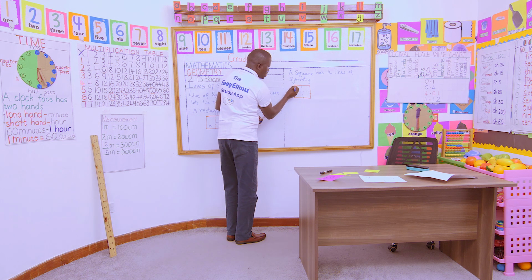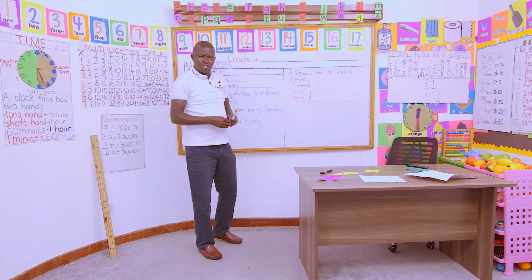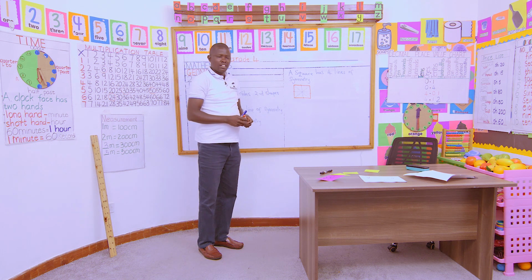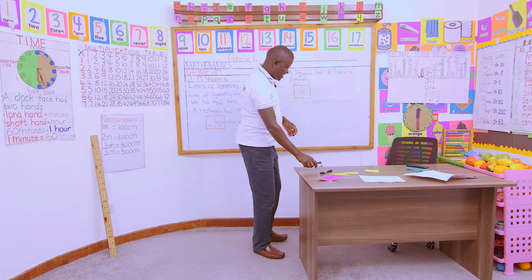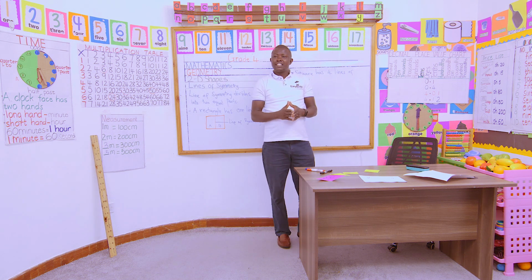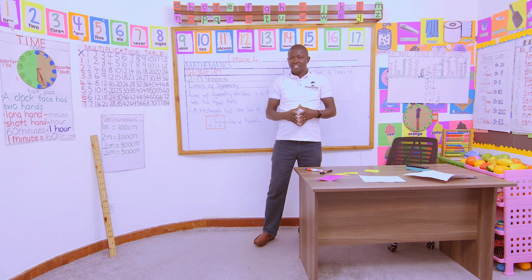You can also divide it from this angle. And you can also trace it from this, for making it to have 4 lines of symmetry from a square.